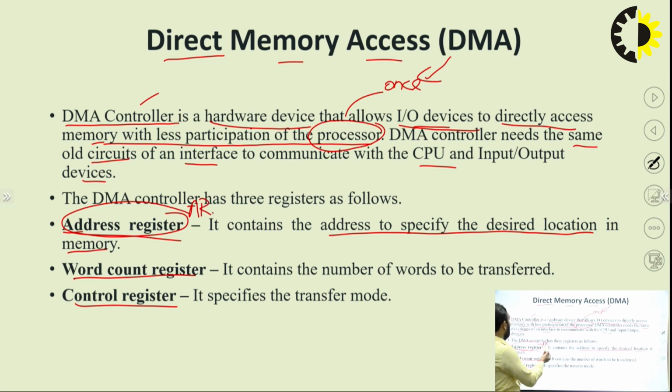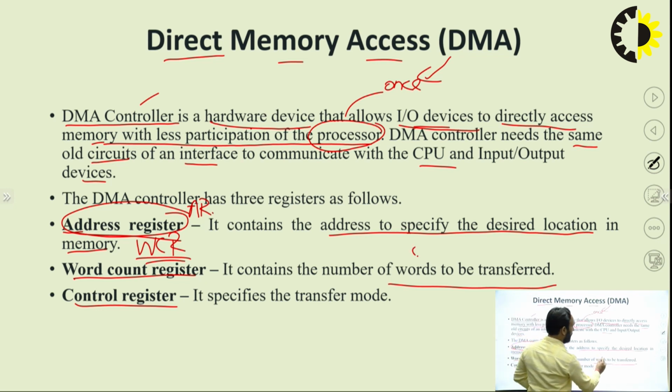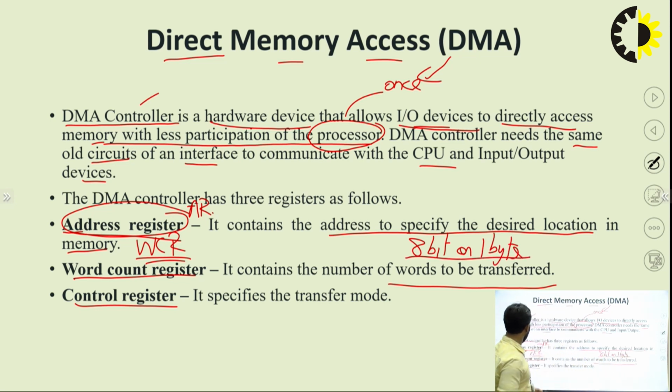Likewise, DMA also has a word count register, WCR. It contains the number of words to be transferred. Generally, a word is 8 bits, or 1 byte. The size is specified with the help of the word count register. Similarly, we have the control register, CR.